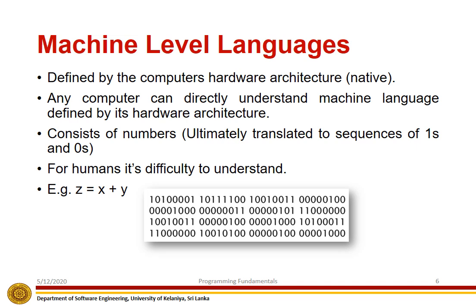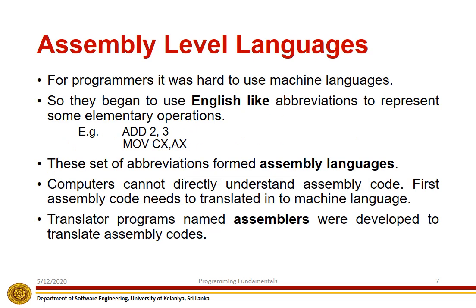Then the next level we use is assembly languages. Instead of zeros and ones, here symbolic or numeric codes are introduced. So they began to use English-like abbreviations to represent some elementary operations. Think you want to get the summation of two numbers, 2 and 3.